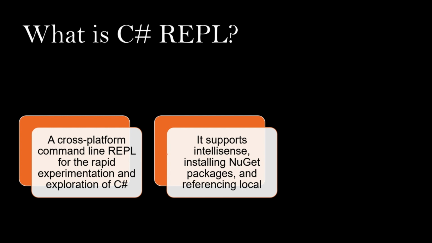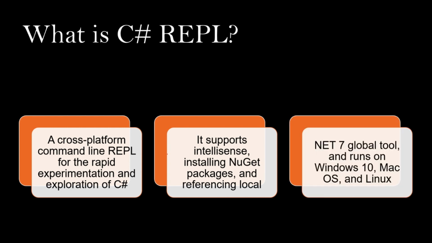If you have local DLLs, let's suppose sitecore.kernel.dll, you can bring it in and call its functions through the command line interface. It's basically a .NET 7 global tool, and as it's cross-platform, you can run it on Windows, Mac, and Linux.